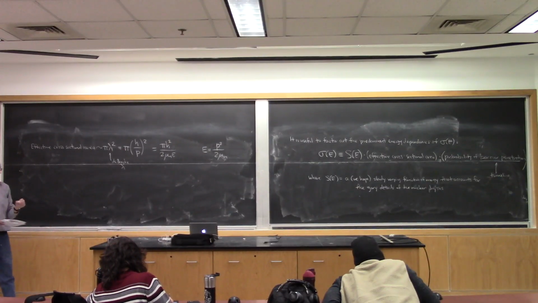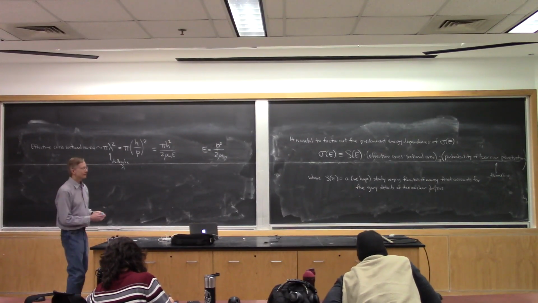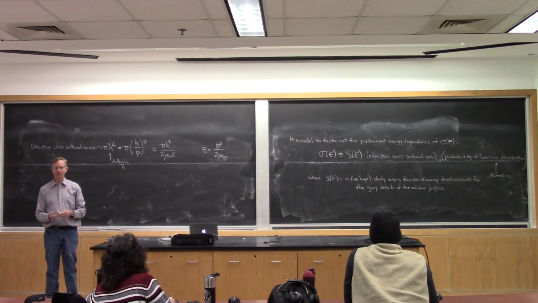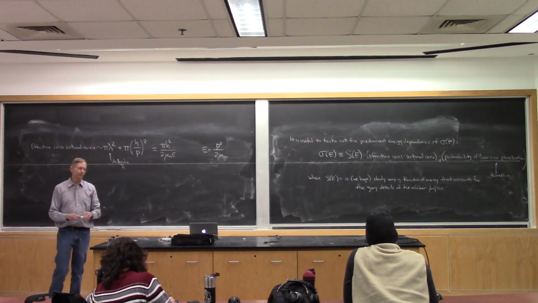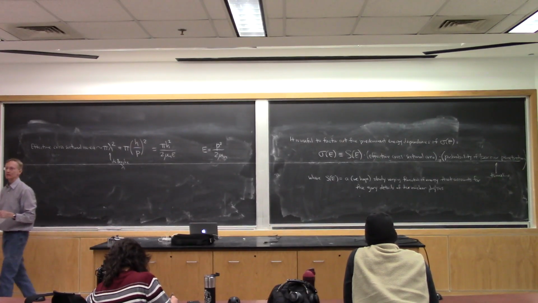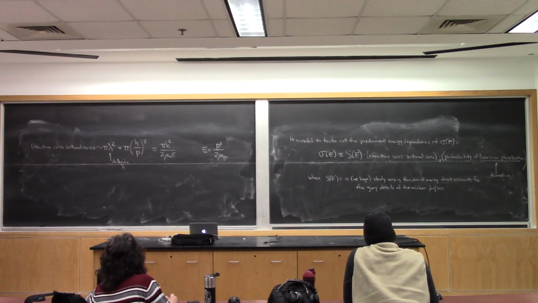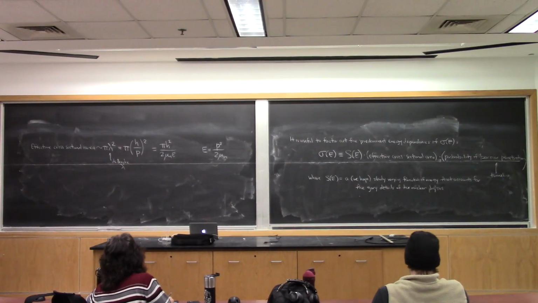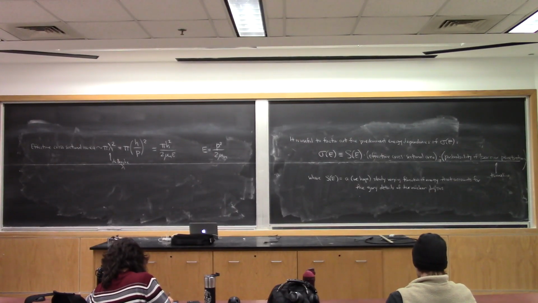In some ways it's better to think of kinetic energy as p squared over 2m as opposed to one half m v squared. They're both the same thing, but momentum is more fundamental than speed.